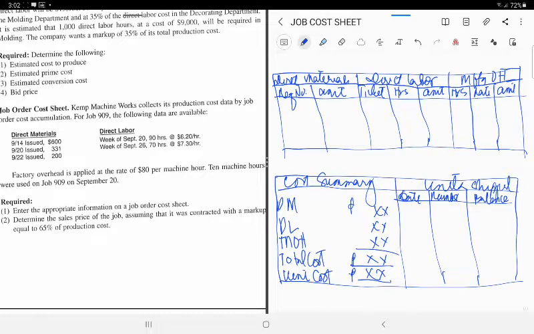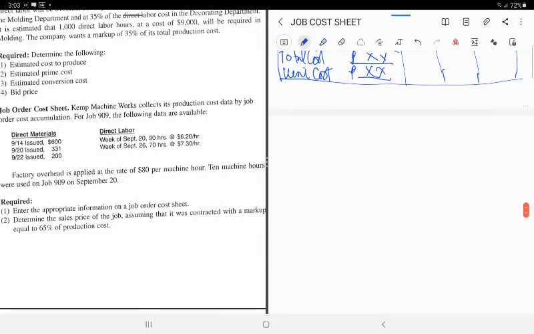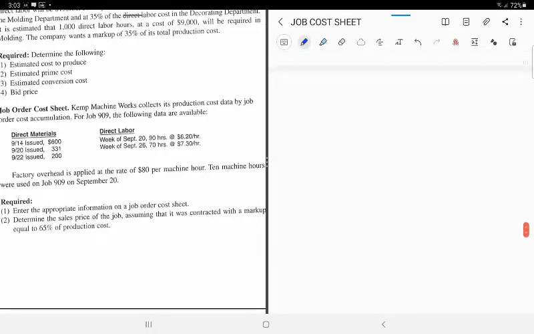Now let's solve the problem. Who is the company? Kemp Machine Works. And we are asked to prepare the job cost sheet. So, what do we put first? What do we put first, class?